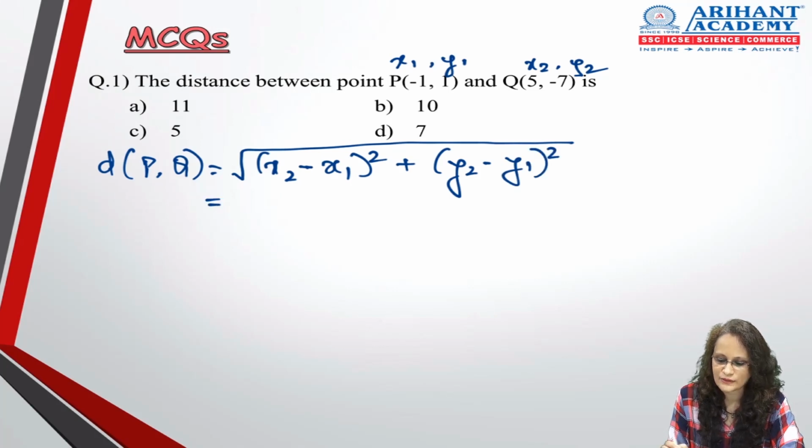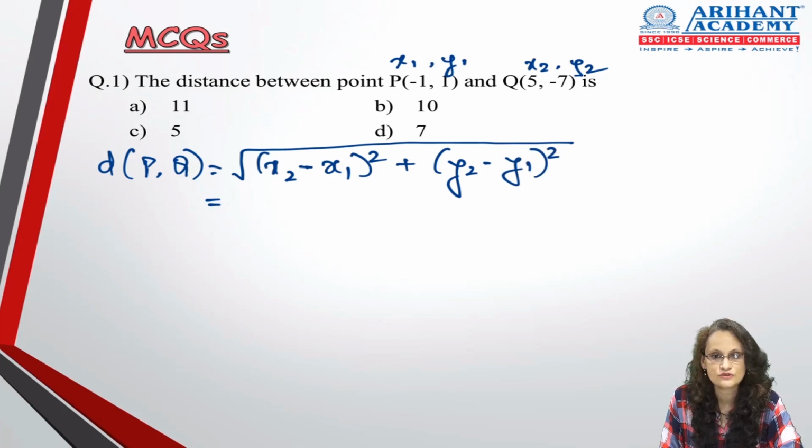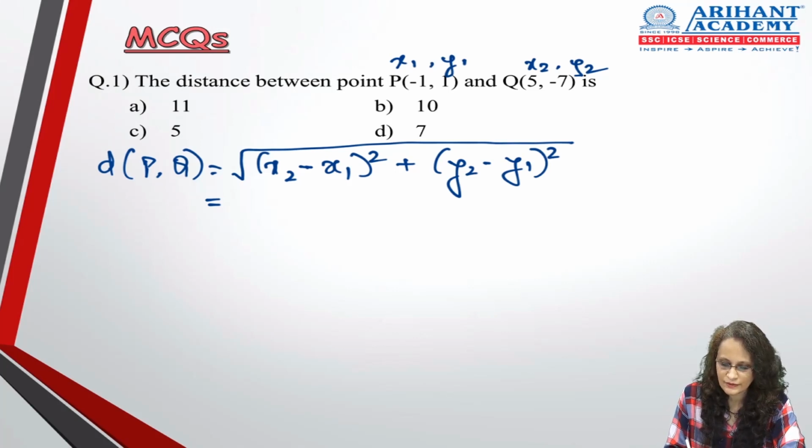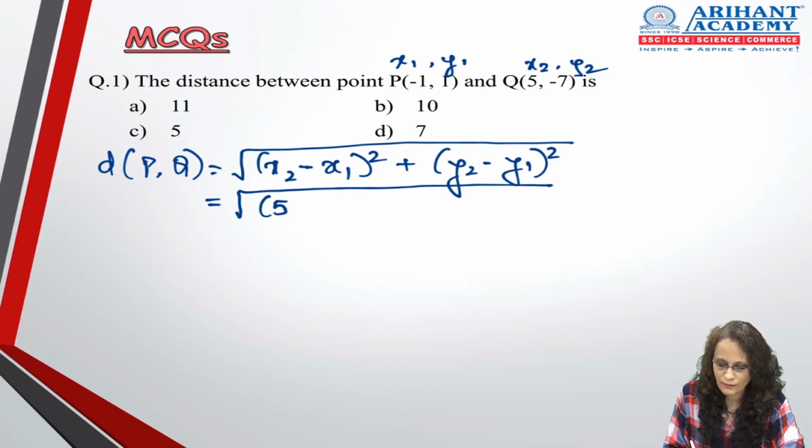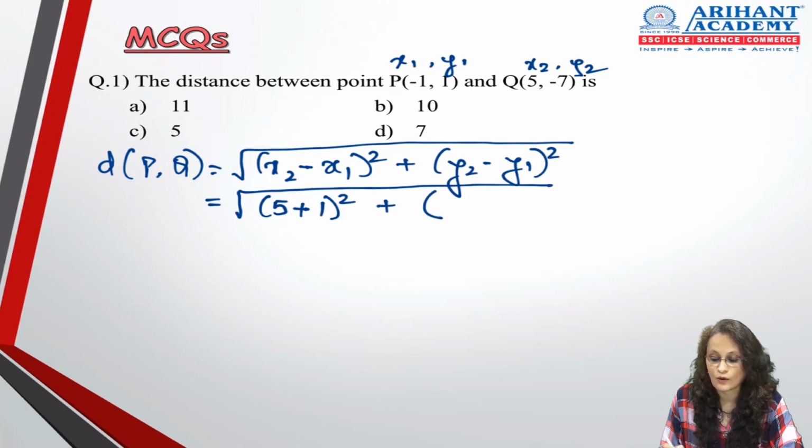Now x2, y2, x1, y1, all that we have fixed over here, we only need to substitute them. Okay? So moving ahead, root of x2, my 5, minus x1, which is minus 1. Now, minus of minus 1, you know, is going to be plus 1, the whole square, plus y2. y2 you can see on your screen is minus 7, minus y1, which is 1, the whole square.